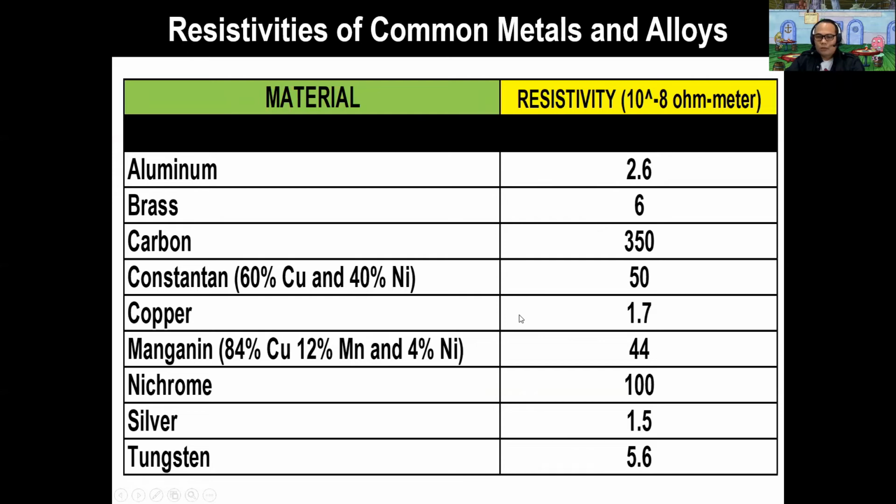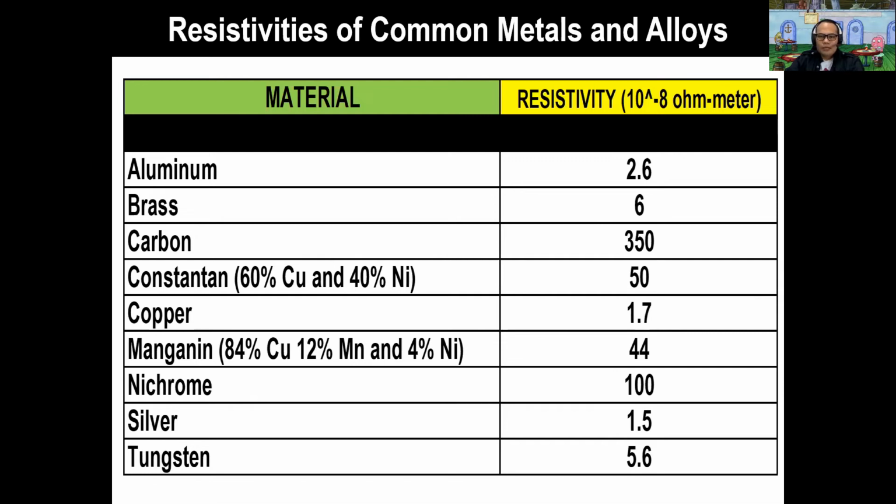For copper, it's 1.7. Manganin, an alloy composed of 84% copper, 12% manganese, and 4% nickel, has a resistivity of 44. And for nichrome, or nickel and chromium, it's 100. For silver, it's 1.5. And tungsten is 5.6. So I'm presenting here to you some resistivities of common metals and alloys.